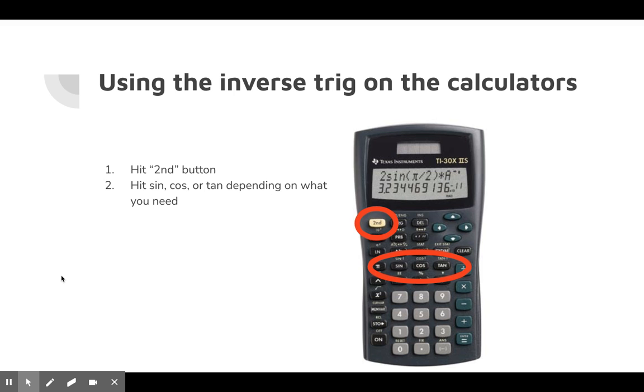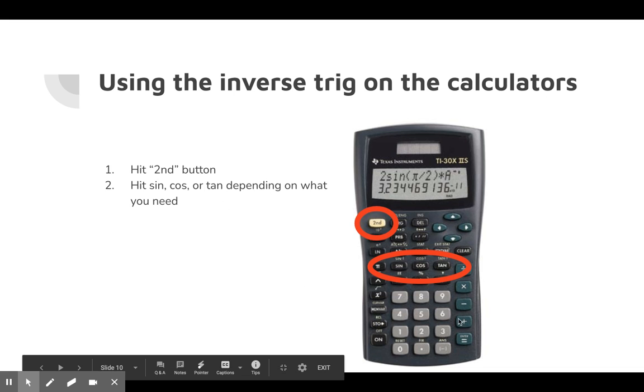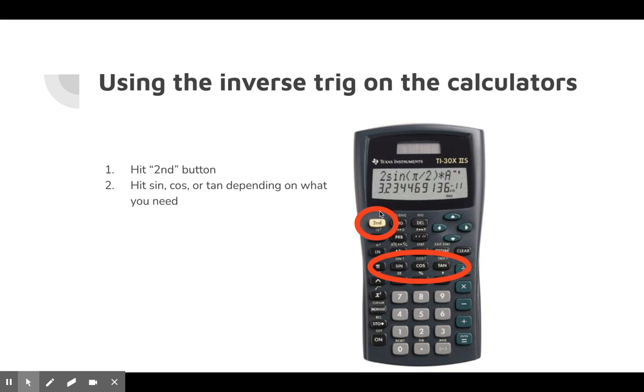This slide is my normal set of PowerPoint slides that I use. If you're in class, I usually have a class set of calculators. However, with this crazy year, I'm not going to be handing out calculators to avoid unnecessary touching and passing of germs. But these are the calculators that I have in class. To find inverse, you hit the second button and then you hit sine, cosine, or tangent.